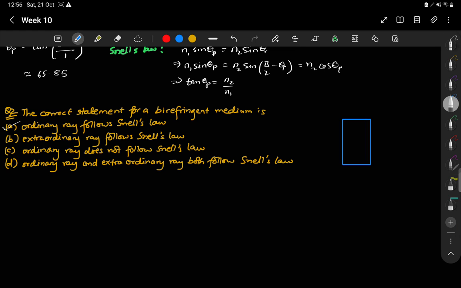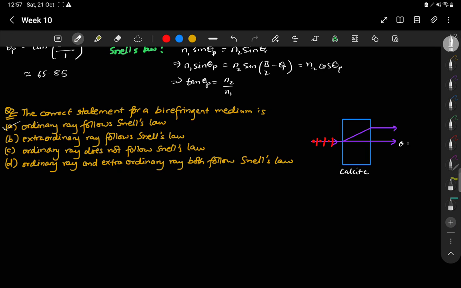So, we have a birefringent crystal, typically calcite is one such crystal. And when you send in an input ray to this crystal, then you have it getting split into two rays. So if the input ray is unpolarized, then we have these two rays.